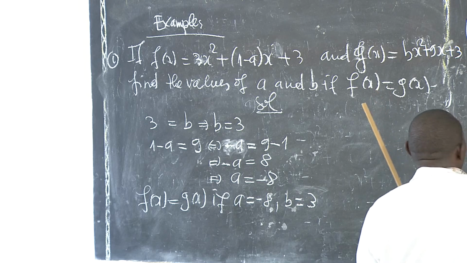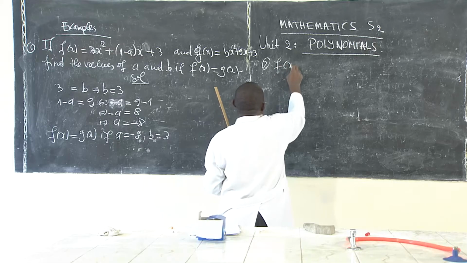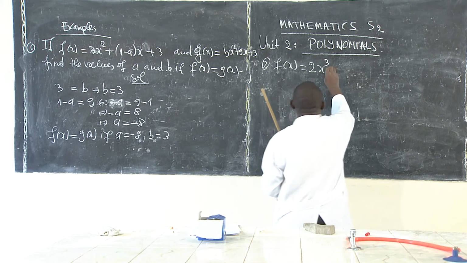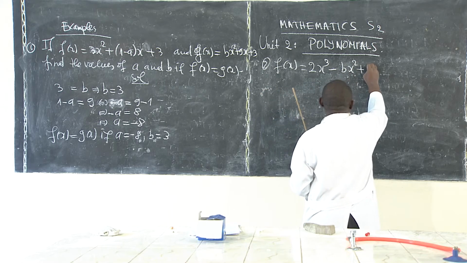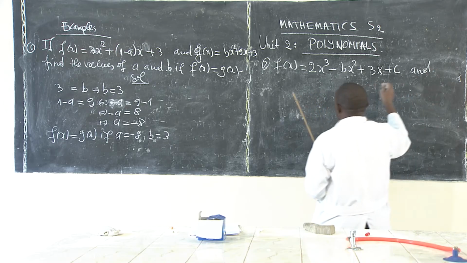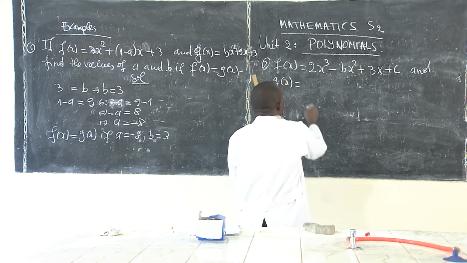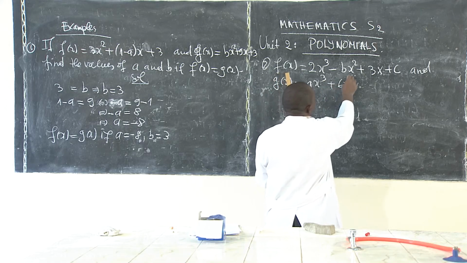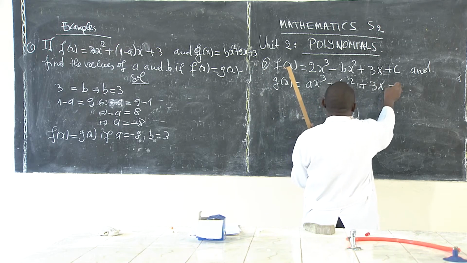Let us take f of x, which is equal to 2x power 3 minus b x squared plus 3x plus c, and g of x equals a x cubed plus 6x squared plus 3x plus 5.